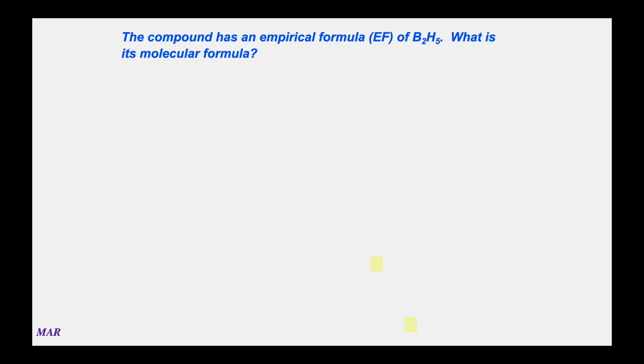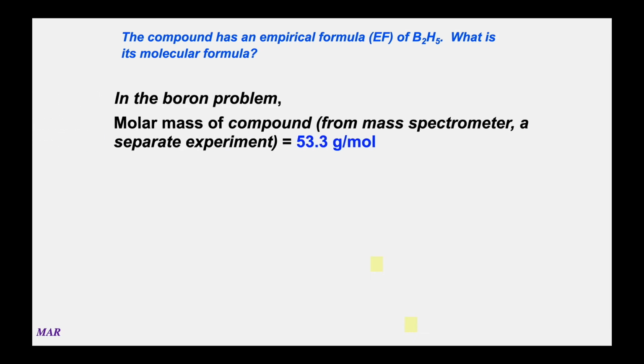Going back to our boron hydrogen compound, the empirical formula was B2H5, and we want to find the molecular formula. What we're going to need is the molar mass. So if we do the molar mass of the stuff from your grandparents' garage, which is a whole separate kind of experiment, it comes out to be 53.3 grams per mole. And we can use this and the empirical formula to find the molecular formula.